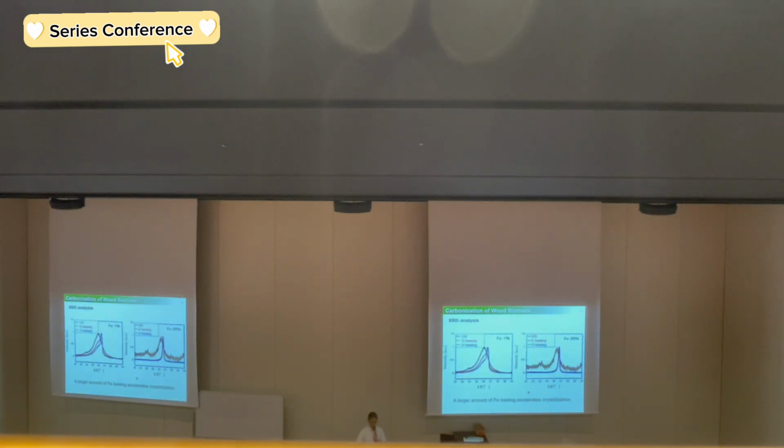And this is the result of the microwave irradiation. These are the XRD patterns of the product using 1 weight percent of iron and 20% of iron. The XRD at high loading of iron shows a very sharp peak, which is the peak of graphite.